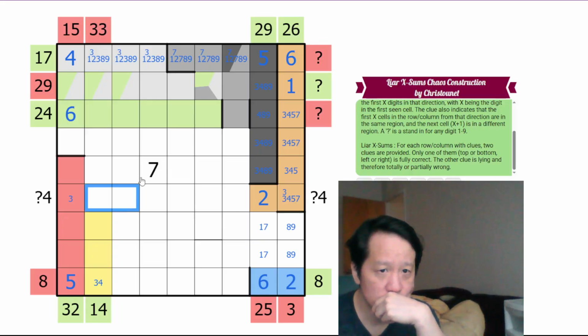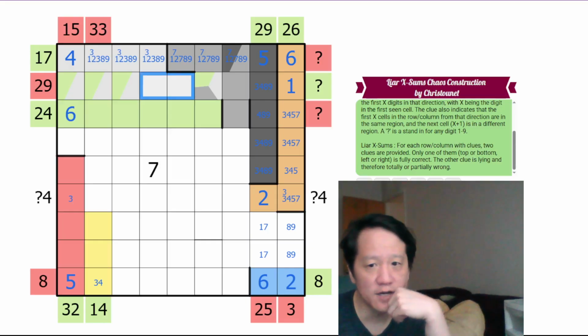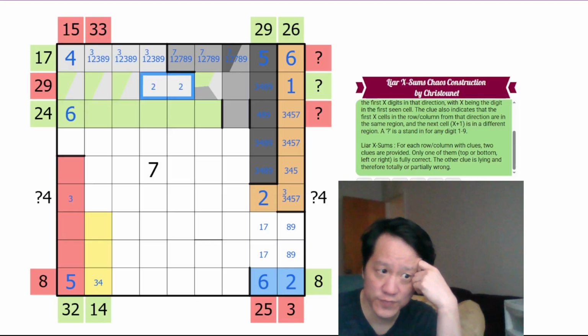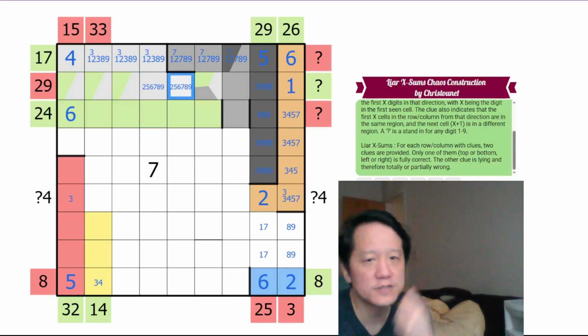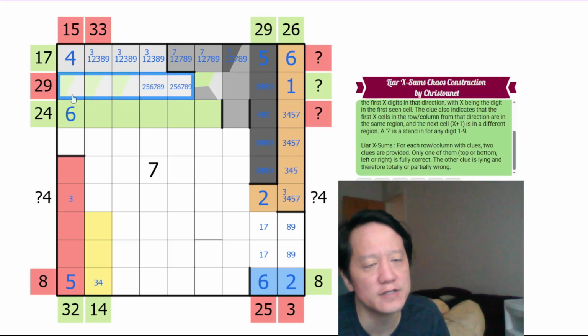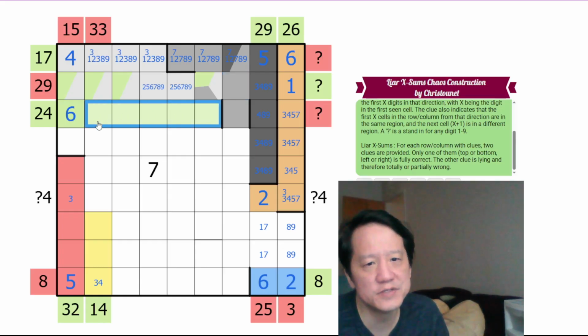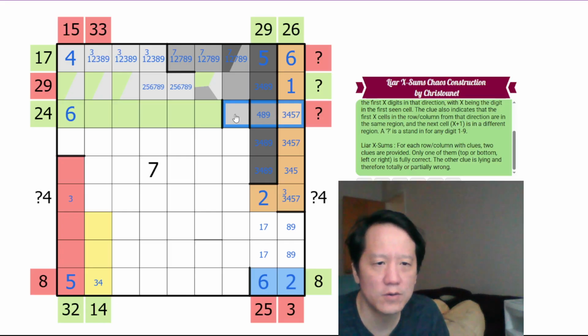Right. So these cannot have 1, 3, or 4. It's 2, 5, 6, 7, 8, 9. The 7 has to be one of the lights here. So this can't be 7 here. This is 6. So 21 here.